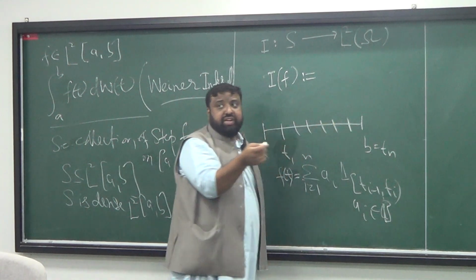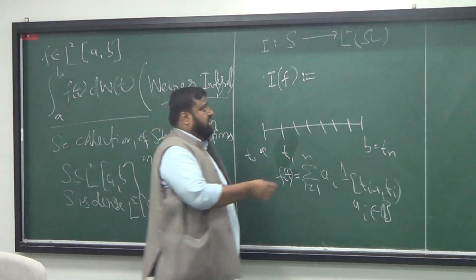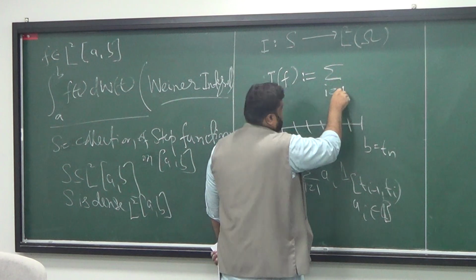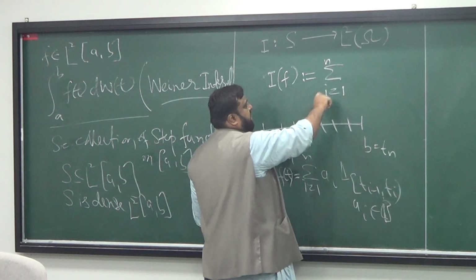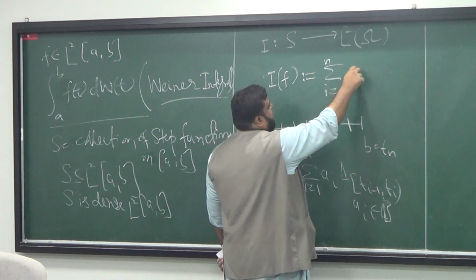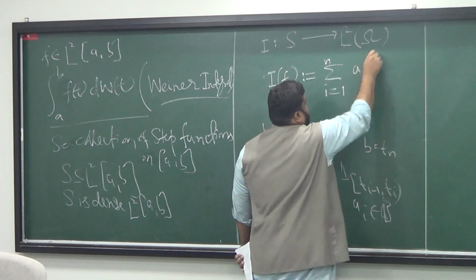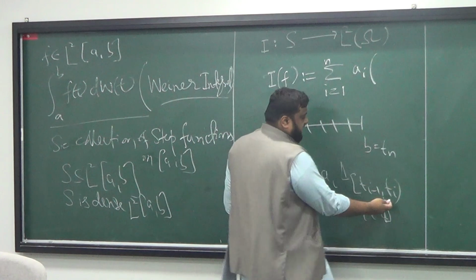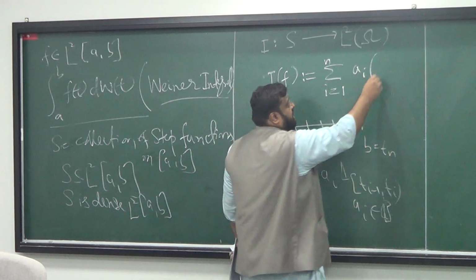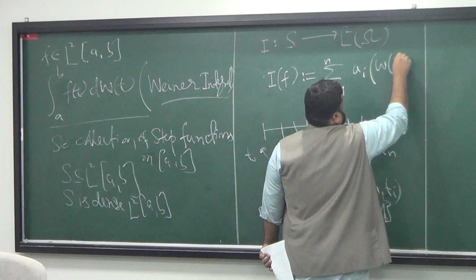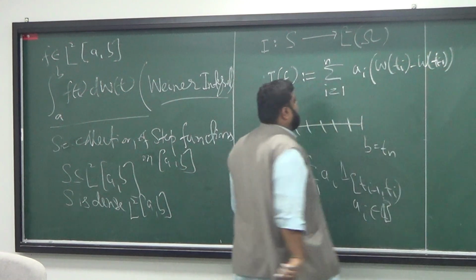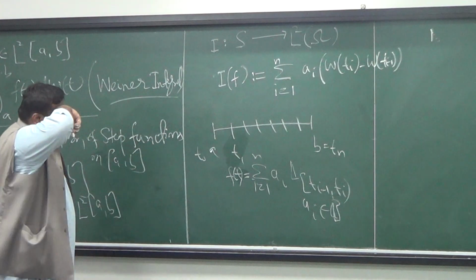The way we defined it, in a very intuitive way, is that you take the sum from i equal to 1 to n of a_i multiplied by the increment of the Brownian motion over this interval, so W(t_i) minus W(t_{i-1}). Okay, so this was the map.